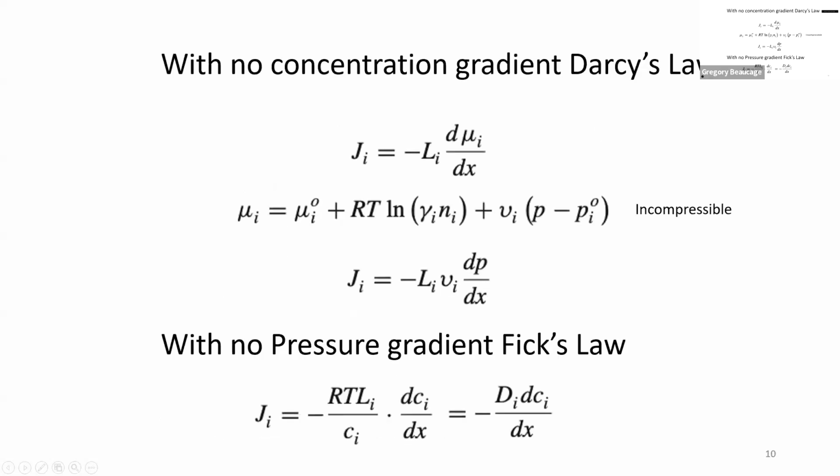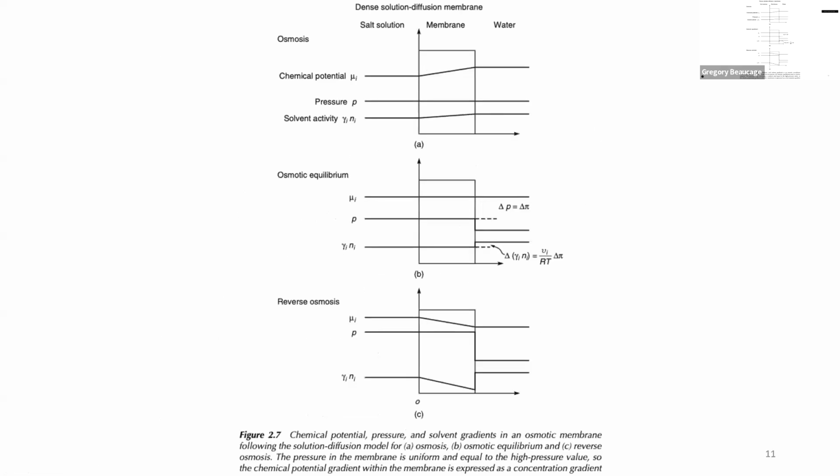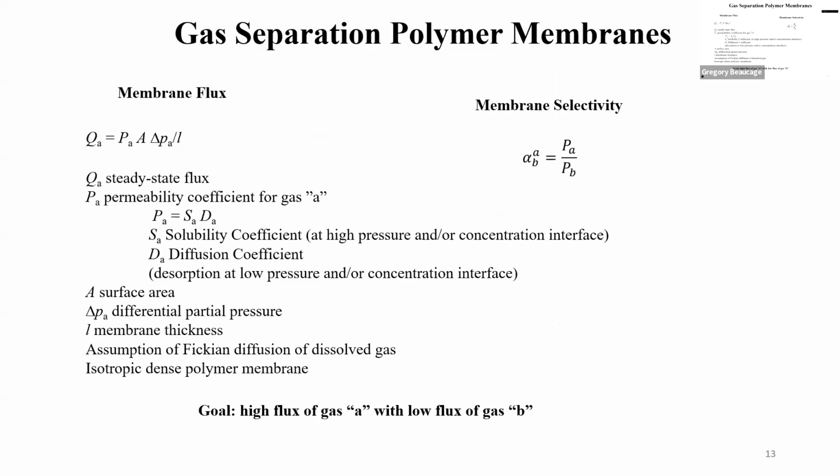What else do we got here? That's kind of the same stuff. So the two things you'll see, and you'll see it in that paper, are selectivity and flux. You want high flux, you want to get a lot of stuff through.